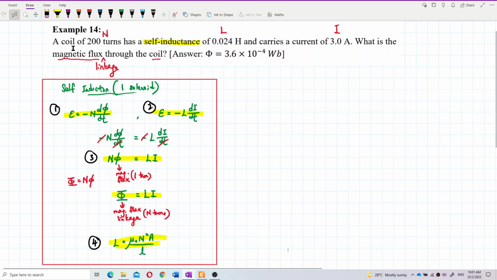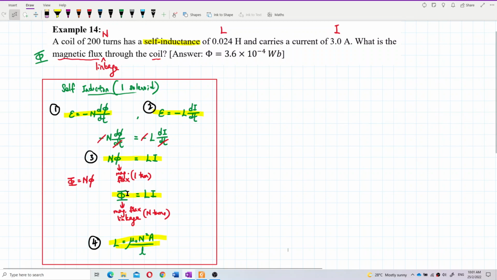So which one can help us find the magnetic flux linkage through the coil? Magnetic flux linkage is the capital phi, because it has many turns. So I think it's this one: phi equals Li.